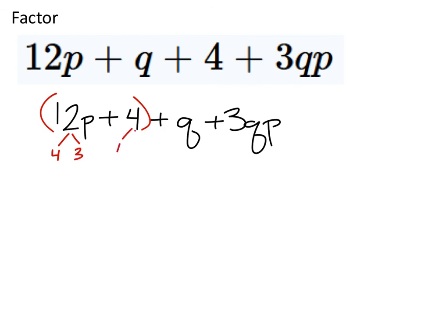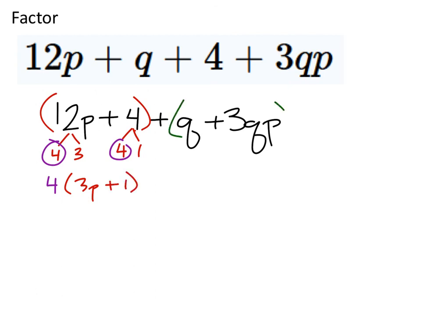And then 4 would break down into 4 and 1. So this would be considered listing factor pairs. Instead of 12, maybe you use 6 and 2, but you found that didn't work. Well, now I have a 4 in common that I can pull out of that parentheses. And I have left over a 3p plus 1.